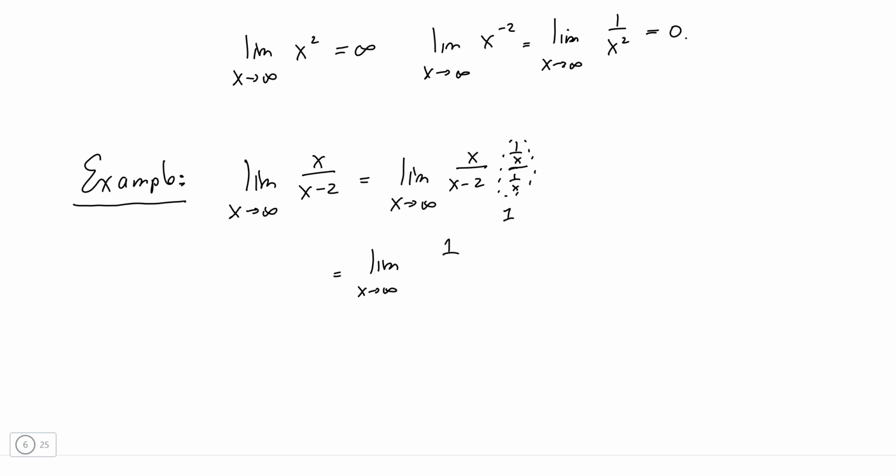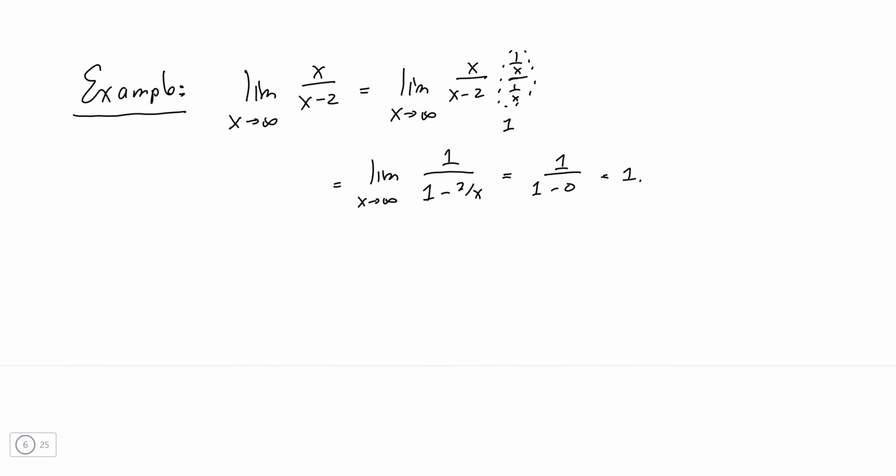If I multiply that through the top, I get 1. If I FOIL it through the bottom, I get 1 minus 2 over x. And we just saw above, as x goes to infinity, 1 over x goes to 0, which means 2 over x goes to 0. So this is just 1 minus 0, which is 1. So that tells me y equals 1 is a horizontal asymptote.